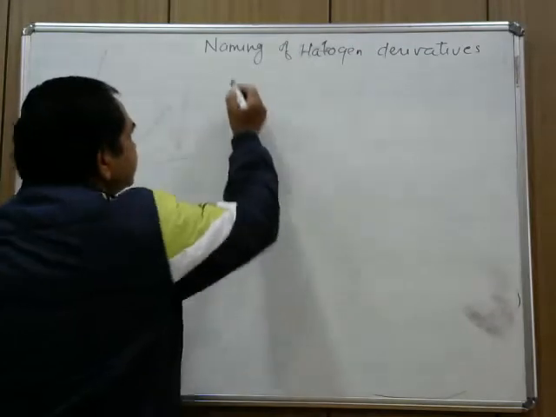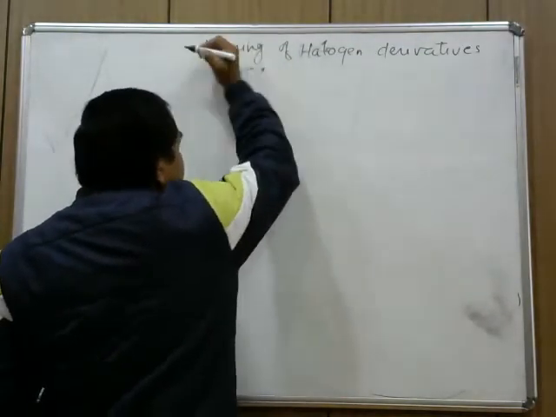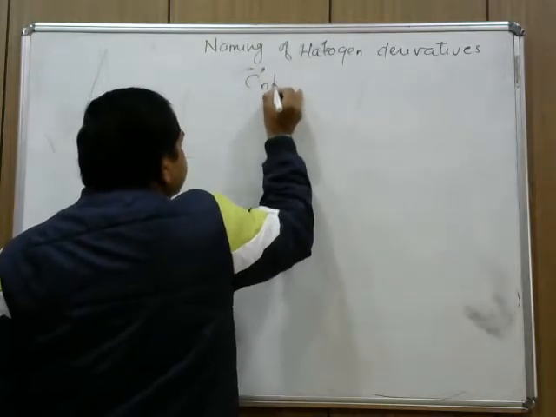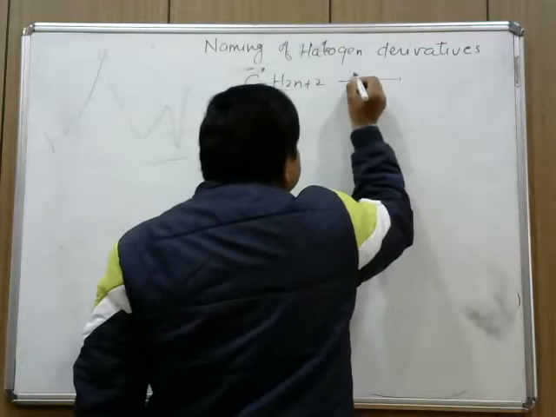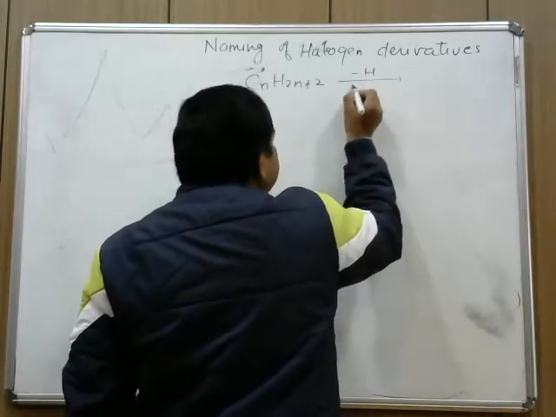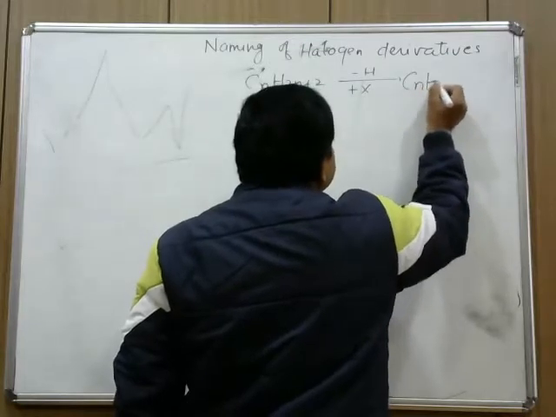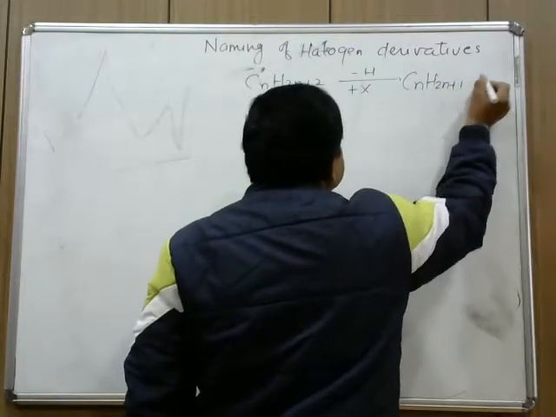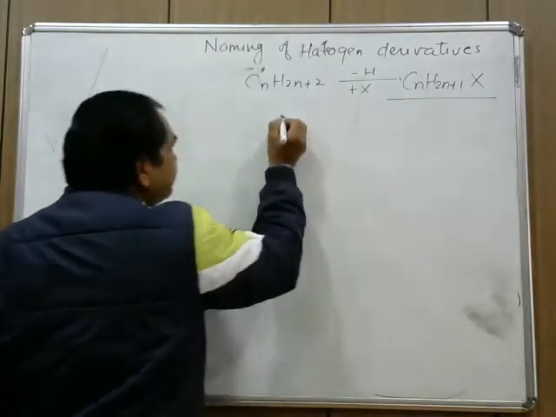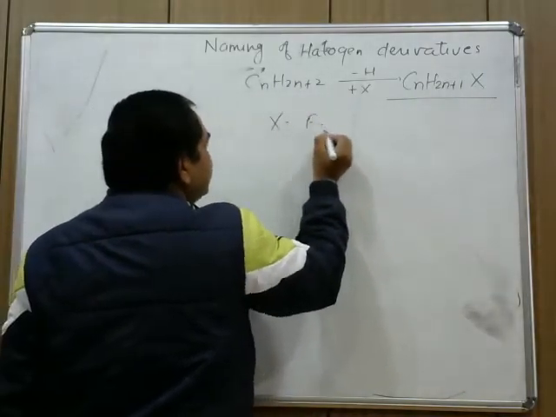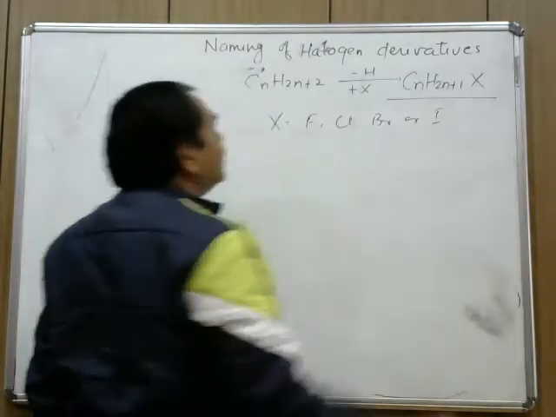So we have an alkane CnH2n+2, then one of the hydrogens is removed and its place is taken by a halogen, so we have CnH2n+1X. This is a halogen derivative where X could be fluorine, chlorine, bromine or iodine.